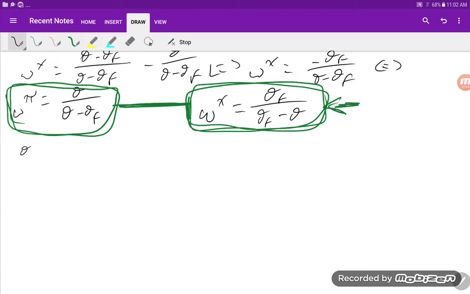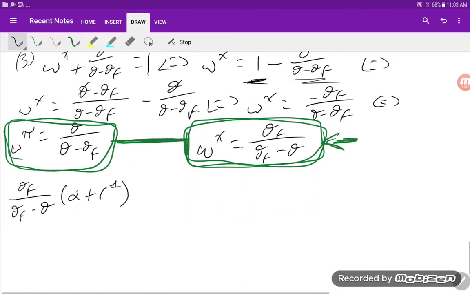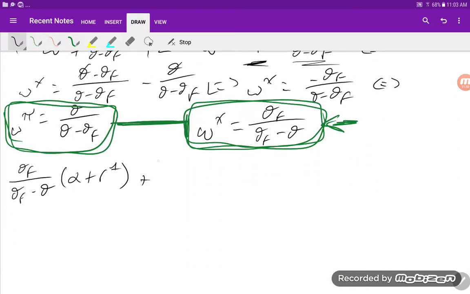So we'll have sigma subscript f over sigma subscript f minus sigma times alpha plus rf. And then it was plus, you know what, I would basically be adding this term now.